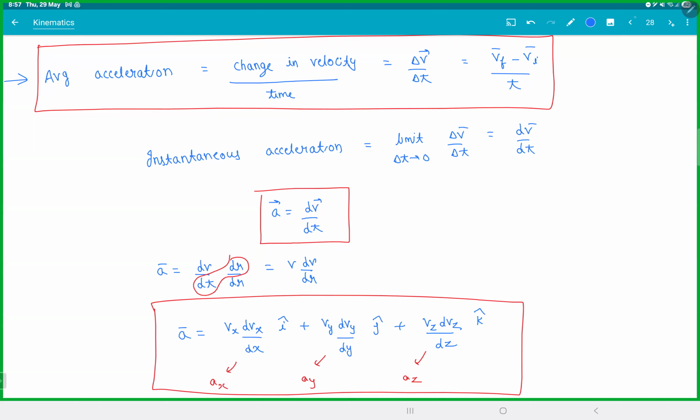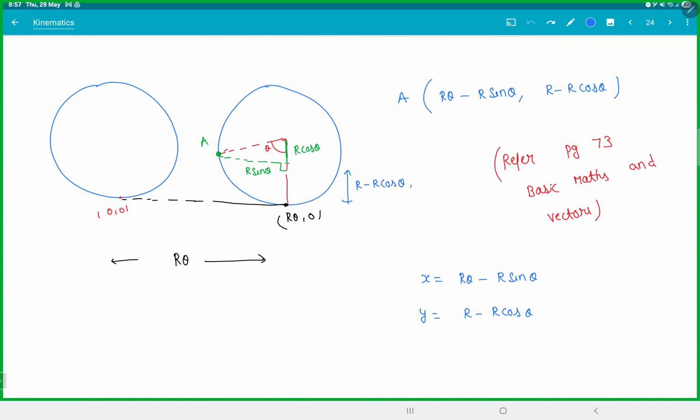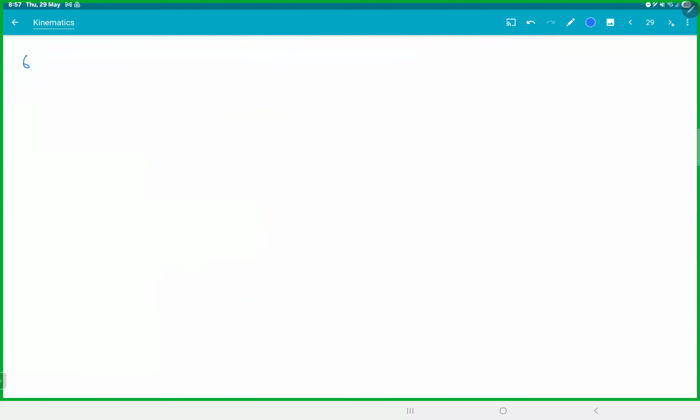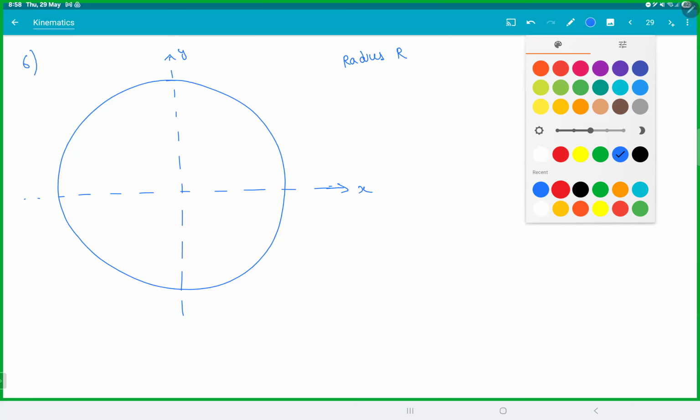Great. Let's say a question. Let's do something a little easier. So we have a particle going in a circle. This is your x-axis, this is y-axis. Radius is r.